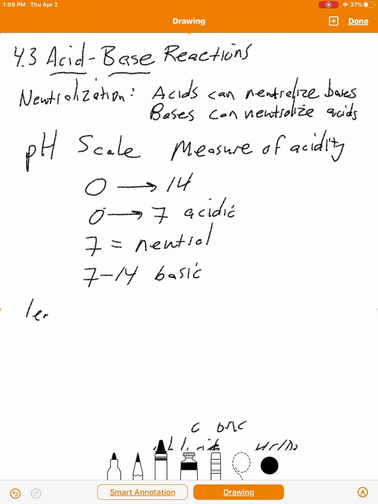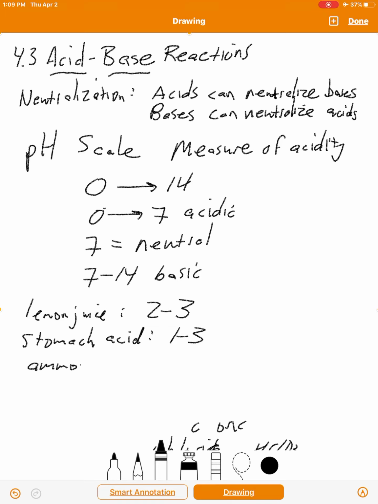So for example, lemon juice. If you measured the pH of lemon juice, you might find it's 2 to 3. Or stomach acid is very acidic, or can be. It could be anywhere from 1 to 3. That's considered very acidic, that's a very low value. Ammonia cleaner might be 11 to 13.